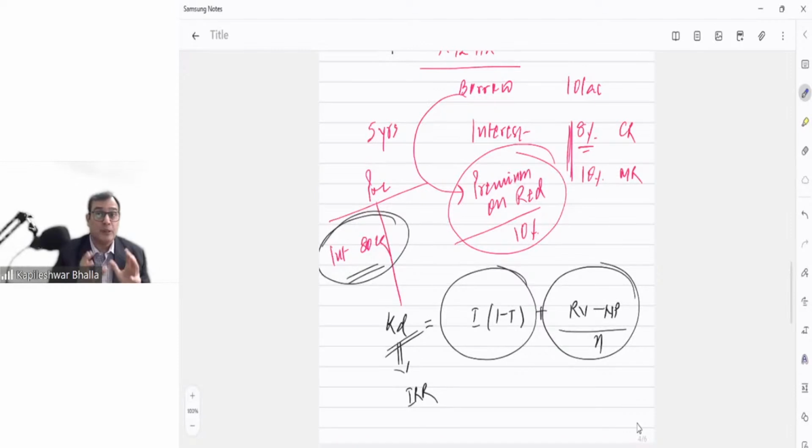So the company understood that they could lower the interest rate in the deal and tell the other person, don't worry, we'll compensate you in the form of premium on redemption, considering time value of money. The other person would agree, because if he knows he will be well compensated in such a way that ultimately he gets a 10% return, he's willing to contract with you. So what is the advantage for the company manipulating the deal?